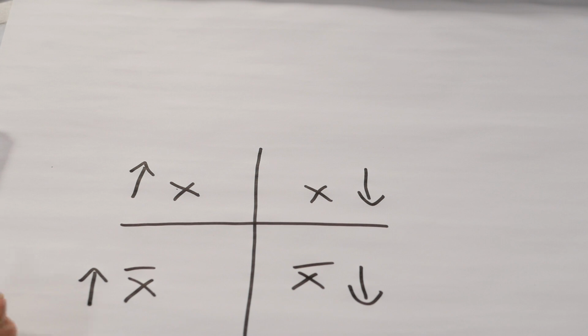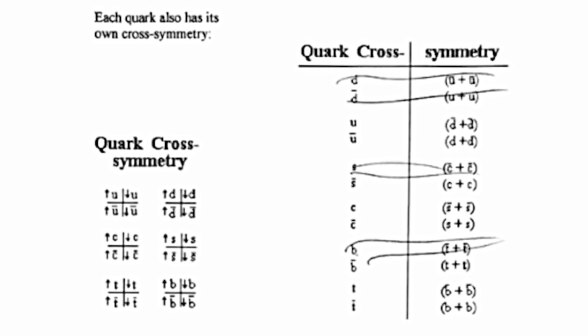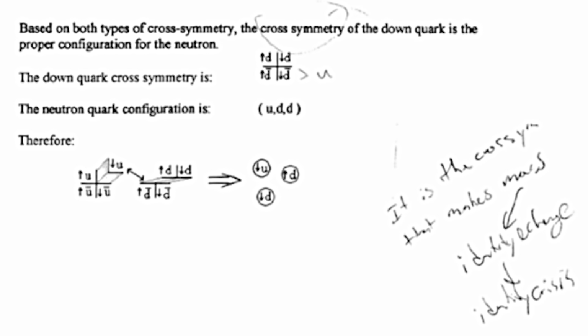Right? So the idea is we go ahead and draw out these quark cross-symmetrical relationships, the up with itself, down with itself, charm, strange, top, bottom, etc. Since we have a spin or charge relationship where the up has the same charge as two downs, or two downs has the same as up, we're going to go ahead and do a swap with these.